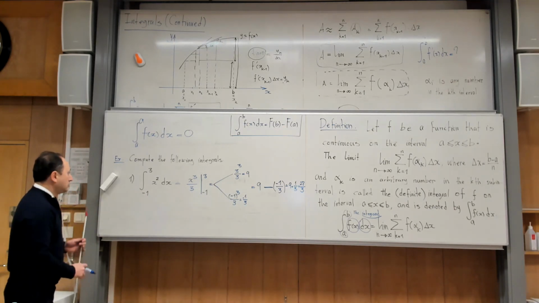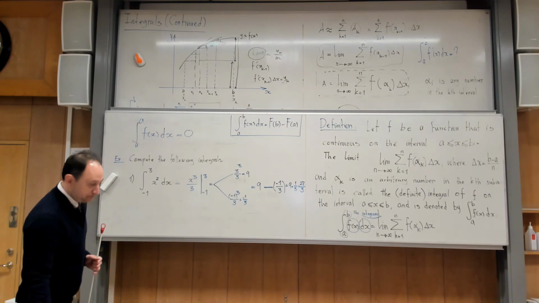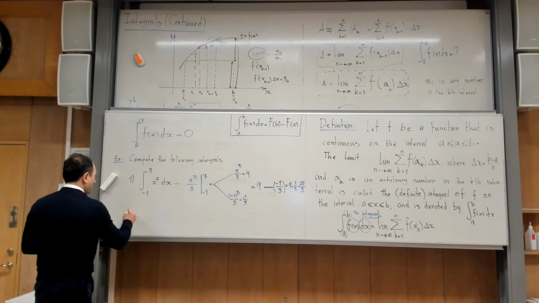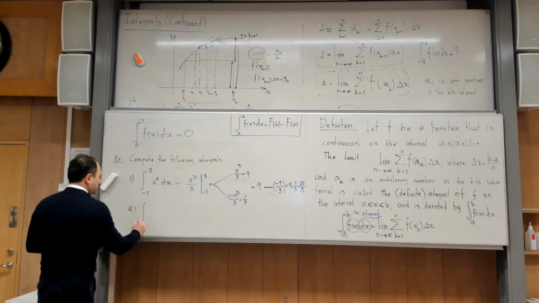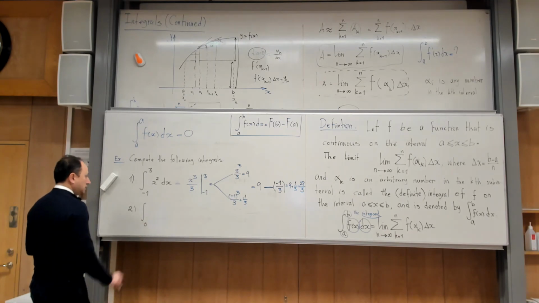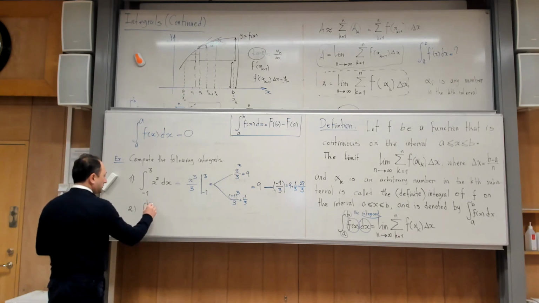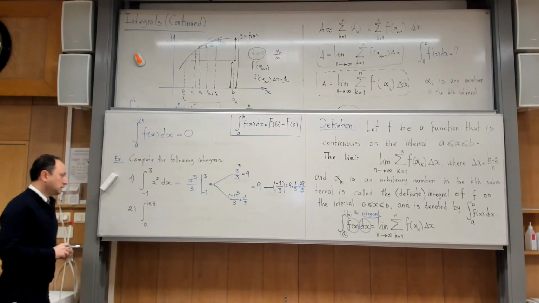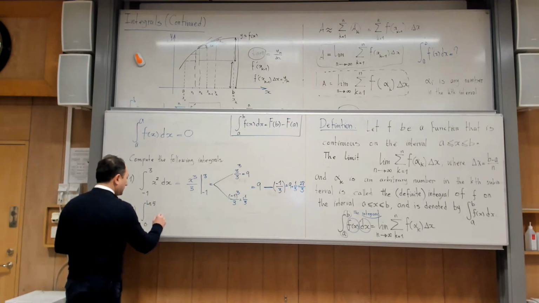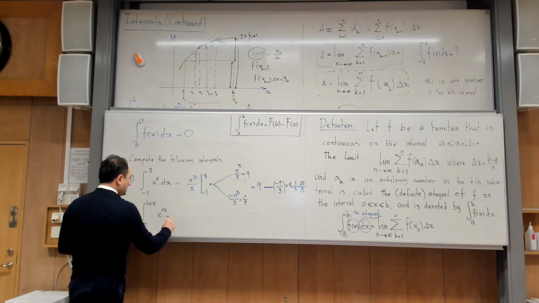Okay. So, I don't know. Let me give you another one. So, integral, for example, from 0 to ln of 5. And then I give you e to the power of 2x minus 3 e to the power of 4x dx.